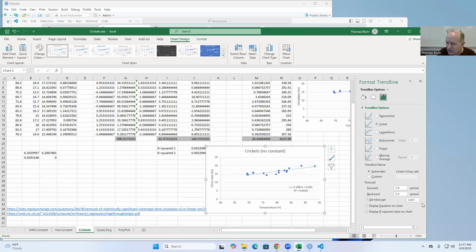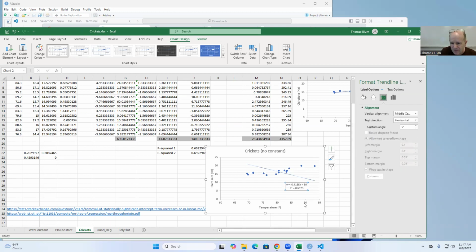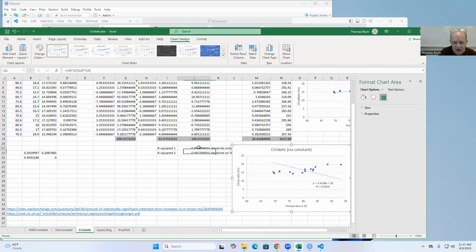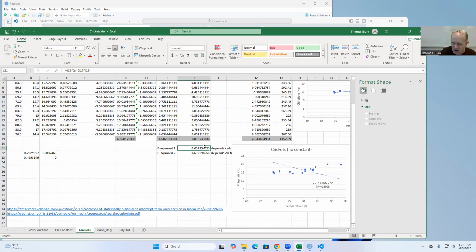And let me just make it extreme here. Let me put in a crazy value like 50. And so now we have this not fitting the data at all, going the wrong way. But it still has the R squared of 0.6923, even though it's clearly a much worse fit than it had been. And that just suggests to me that Excel is using this R squared that's based just on the data and not on the fit.